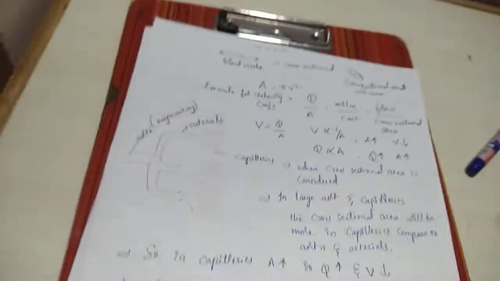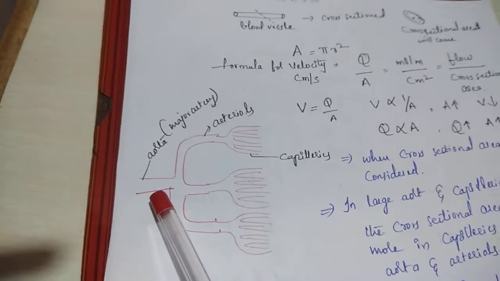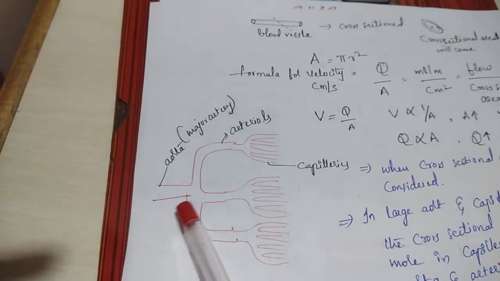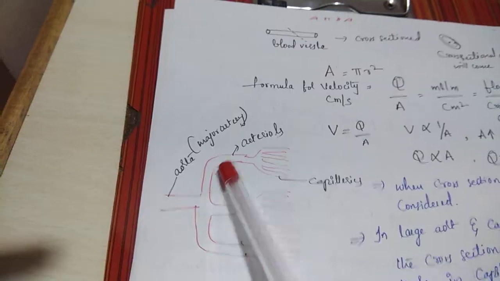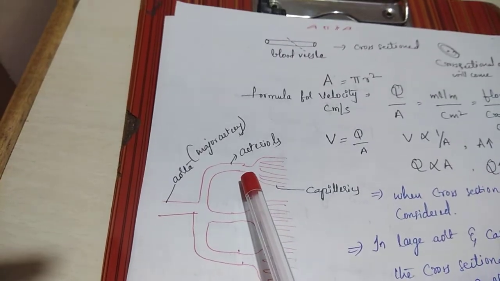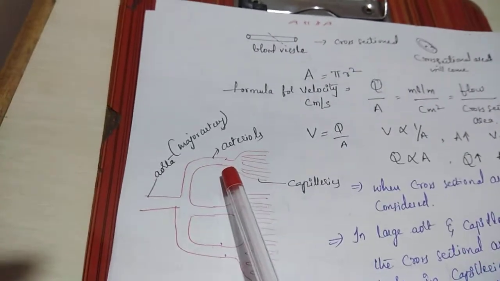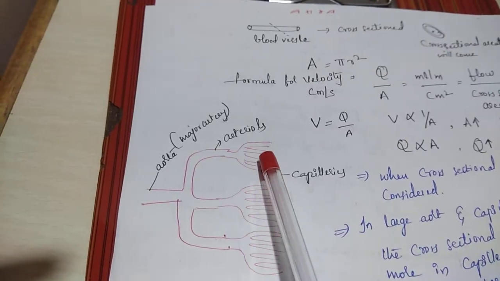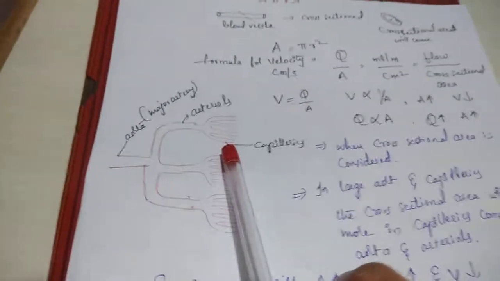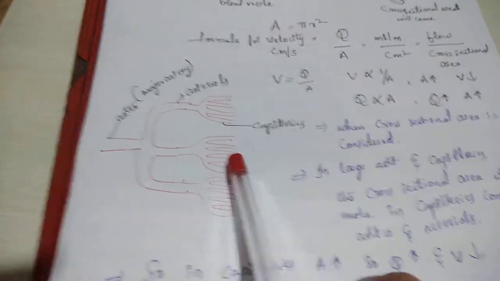So we will apply it to our blood vessels. Aorta is the major artery, the major blood vessel. It divides into arteries and arterioles, and the arterioles further divide into capillaries. When we are measuring the velocity, the capillaries play an important role.